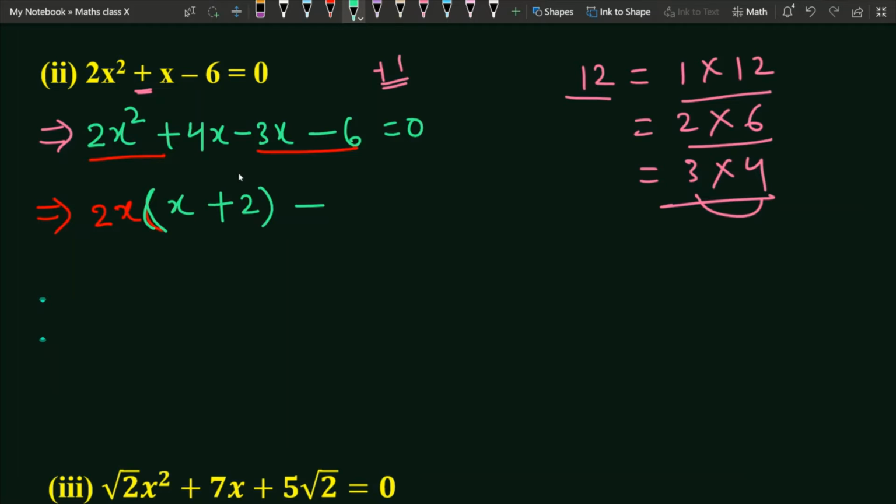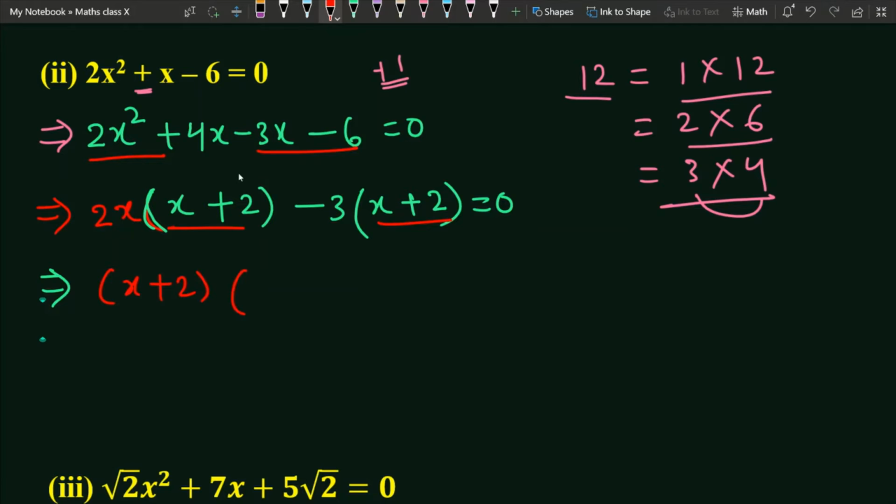Now from here take minus 3 common, you will get again x and minus 2, plus 2 because we are taking the minus sign out, is equal to 0. Now x plus 2 is common, take it out, you will get 2x minus 3 is equal to 0.